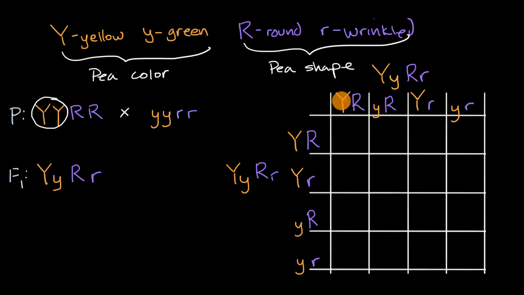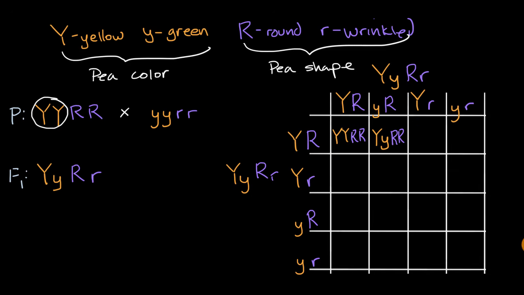So this scenario right over here, you're getting a capital Y from both parents, and you're getting a capital R from both parents. This scenario over here, you're getting a capital Y from this parent, lowercase y from that parent, and then you're getting a capital R from both.